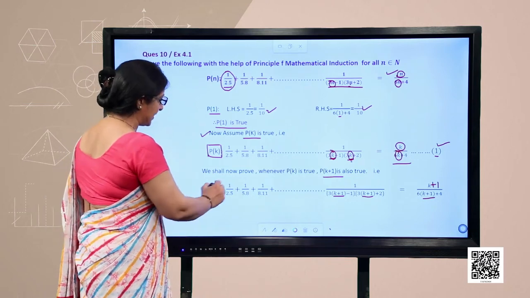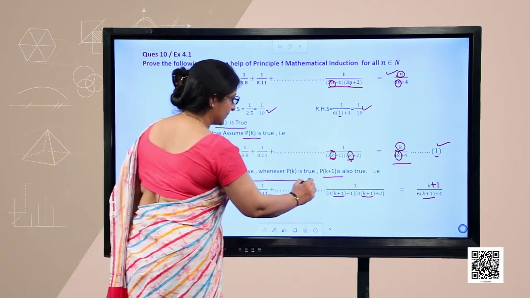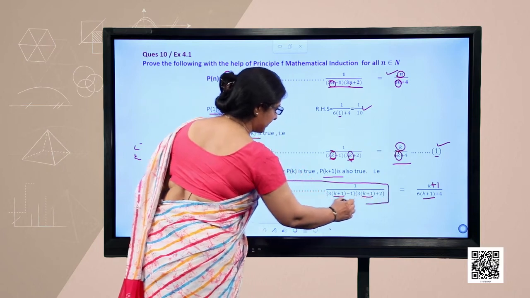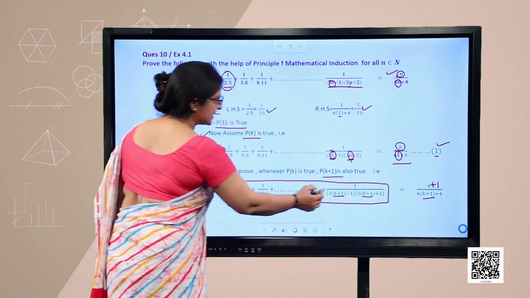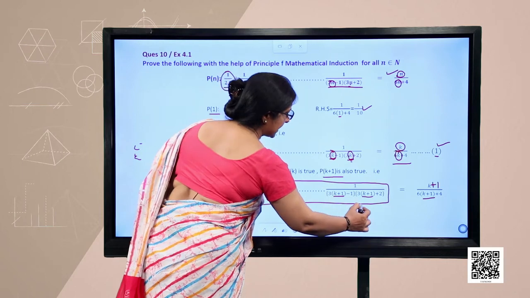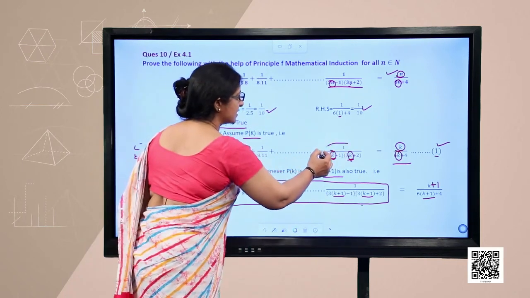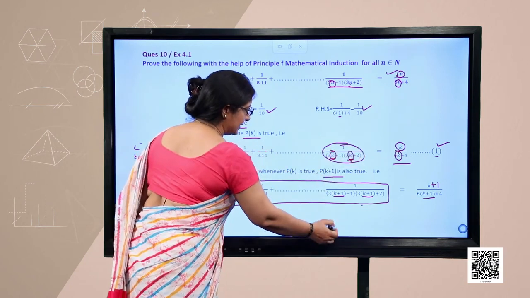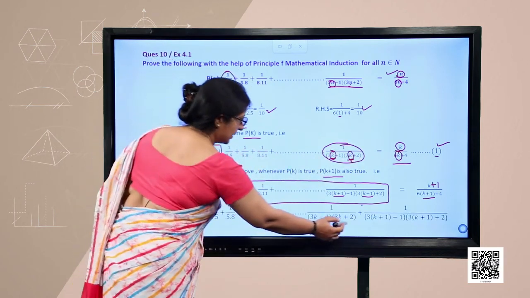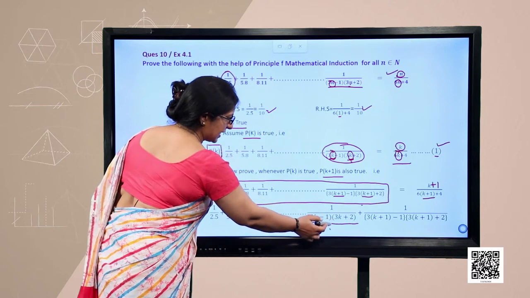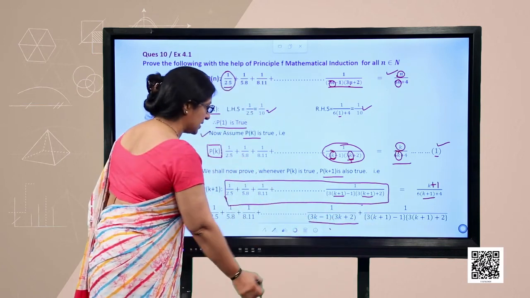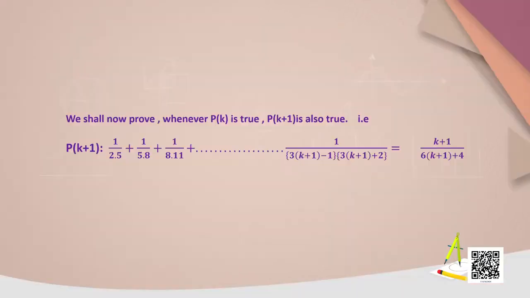Now consider the left hand side of this statement. In this left hand side, this is the last term, which means the k plus 1th term. The previous term was the kth term. If we write the previous term, this is the kth term and this is the k plus 1th term. We shall now prove whenever Pk is true, Pk plus 1 is also true.